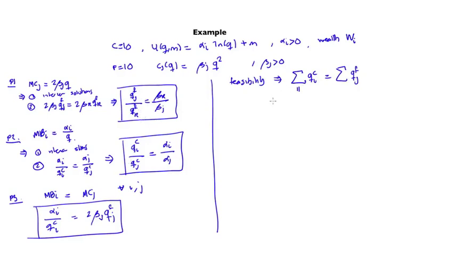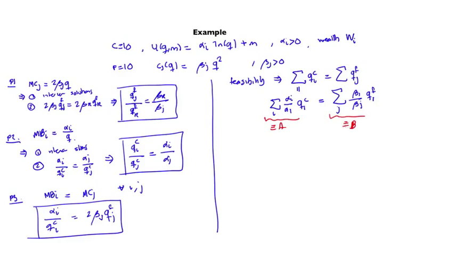So this is equal to the sum over consumers of α_i divided by α_1 times q_1^c, and this is equal to the sum over firms, using the same trick, of β_1 over β_j times q_1^f. These are just sums of constants that are parameters of the problem, so let me call this A, and let me call this B.